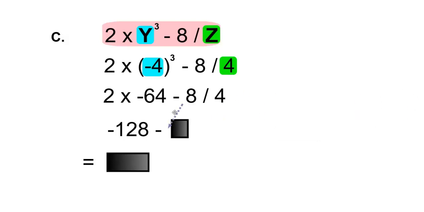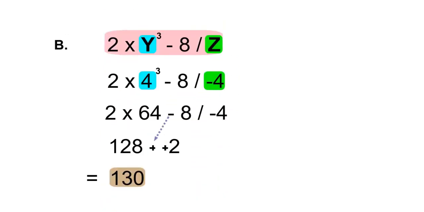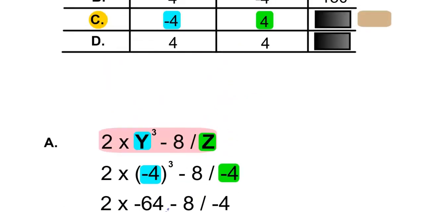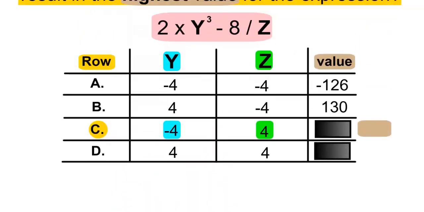Bring down the subtraction sign. 8 divided by 4 is 2. We'll add the opposite. So negative 128 plus negative 2, and that equals negative 130. So the value for row C is negative 130.